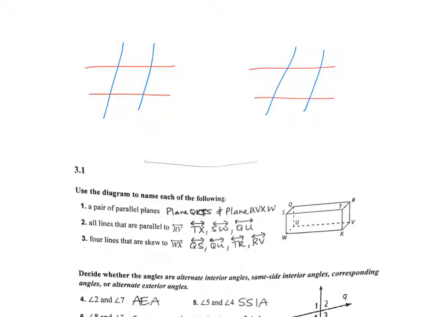So if this is line A and line B, and then line C and line D, okay? If I tell you that this angle here is congruent to that angle, you have to think to yourself what two lines are forming each of those angles. So this bottom angle is formed by those lines.